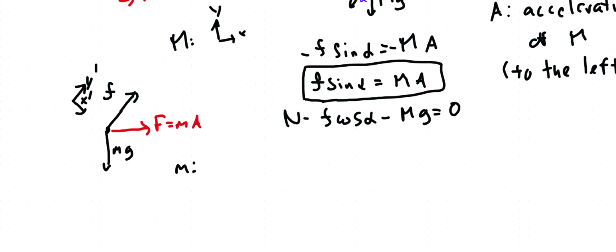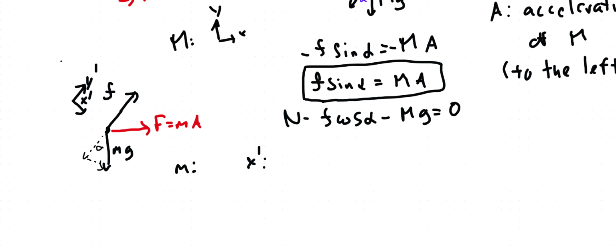So let's start with x prime. If I look at this, basically mg has a component. If I break this into two components, one would be this one and the other would be that one, and we know that this here is alpha.